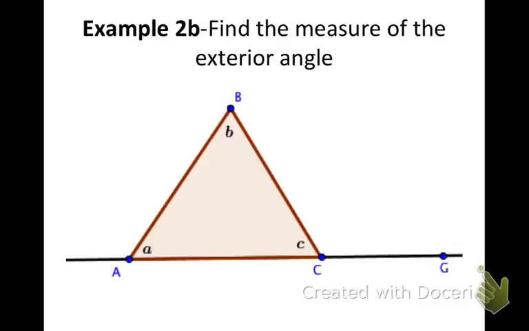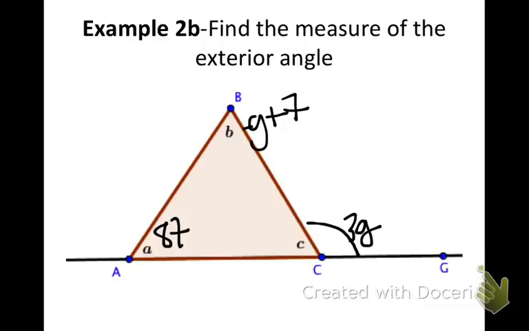So we want to find the measure of the exterior angle, and we're going to call that angle G. We're going to say that angle A is 87 degrees. Angle B is G plus 7 degrees, and the exterior angle is going to be 3G.